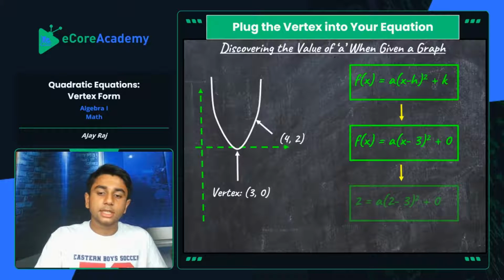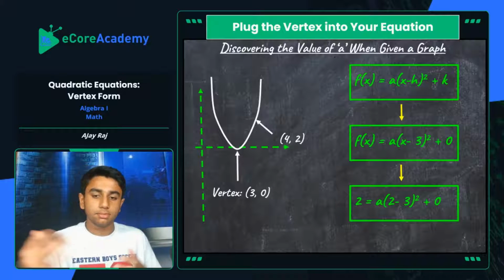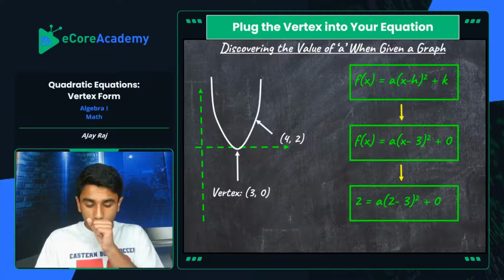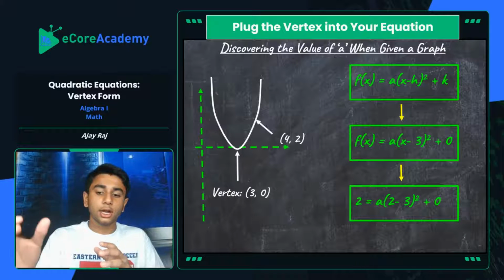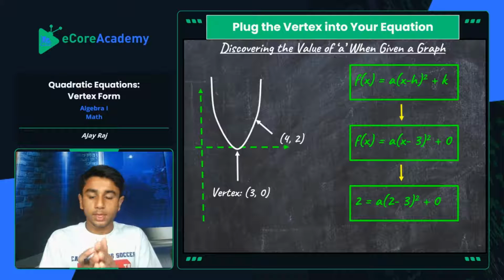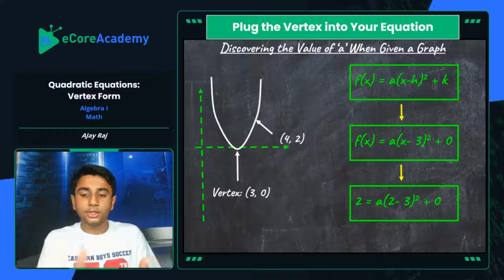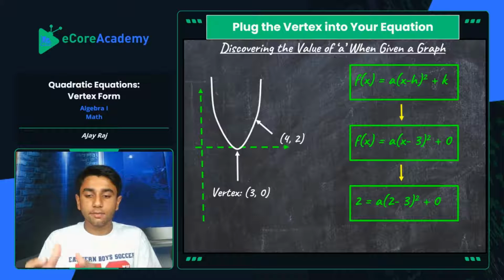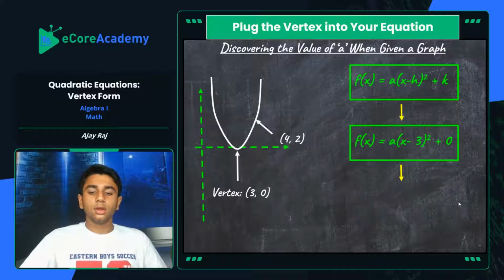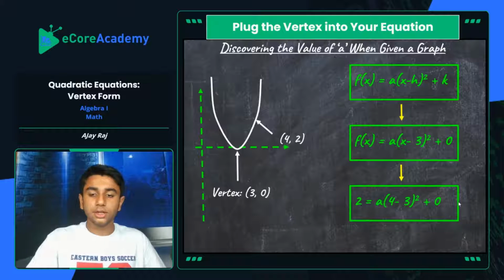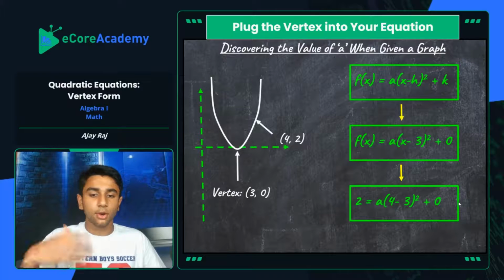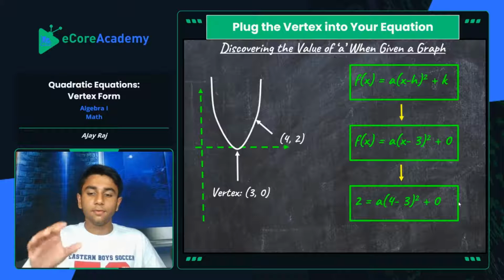So in order to do so, that's where the other subsidiary point comes into play, 4, 2. So we're going to plug 4, 2 into our equation, replacing the f of x, our y, with 2, and obviously we're going to replace the x inside of our equation with 4.